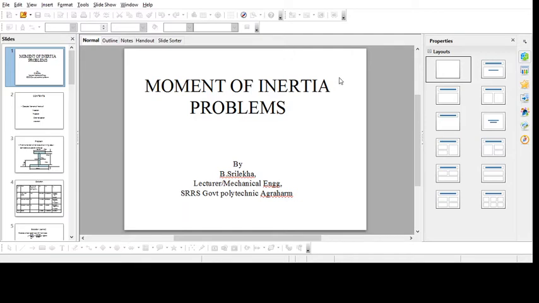Next, AY square means area into the centroidal distance squared, 2000 into 70 into 70, you will get 98 lakhs. Again, Ig, moment of inertia about its centroidal axis, is BD cube by 12, so 20 into 100 cube by 12.